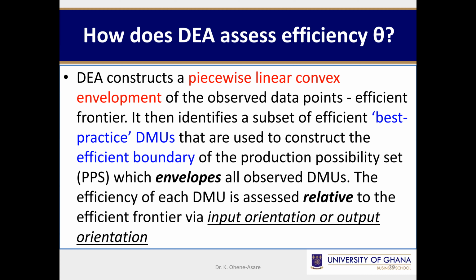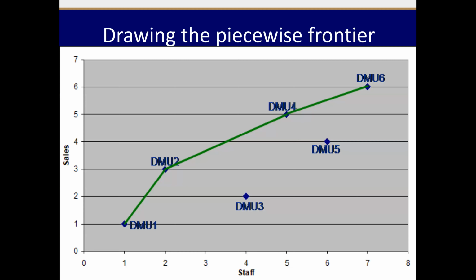The DEA will construct a piecewise linear convex envelopment. It's a very long word, but don't worry, because we know what piecewise is. Piecewise is small pieces. Linear means that once I was drawing the piecewise lines, I was making them straight lines. I was not making them curved lines.